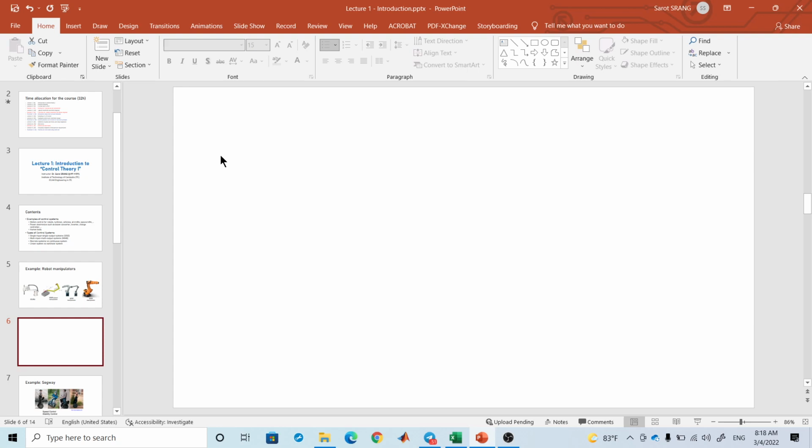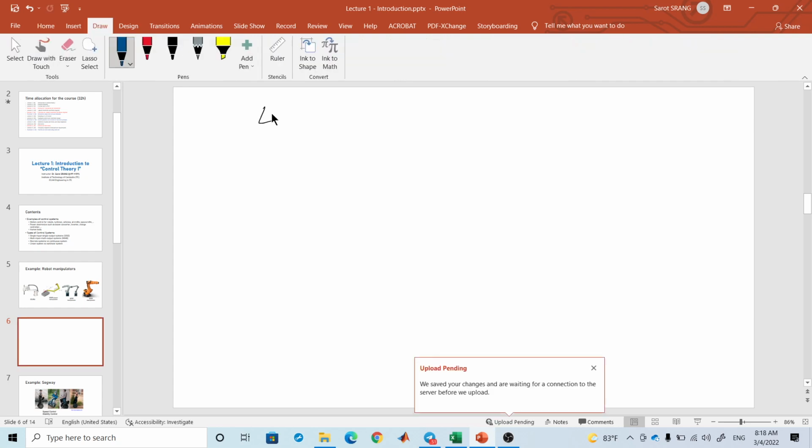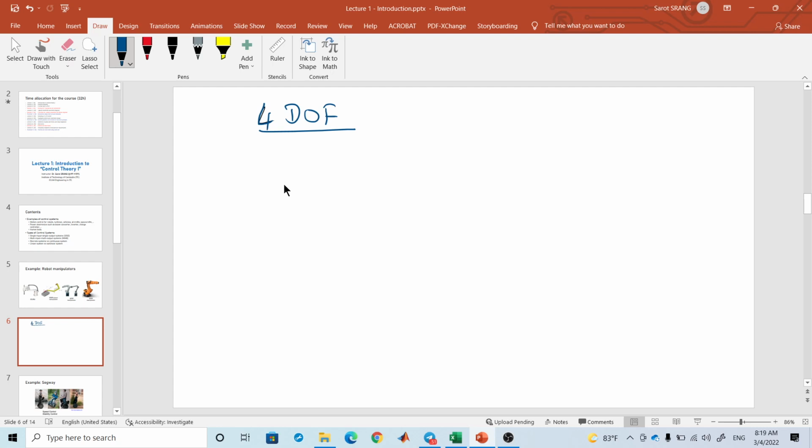Then you can have complete knowledge to build a robot with the motion that you desire. So let me give an example of a 4 degree of freedom manipulator. Unfortunately, this TV screen causes the motion of the mouse to sometimes get stuck, but I think it's okay as long as you can see this.